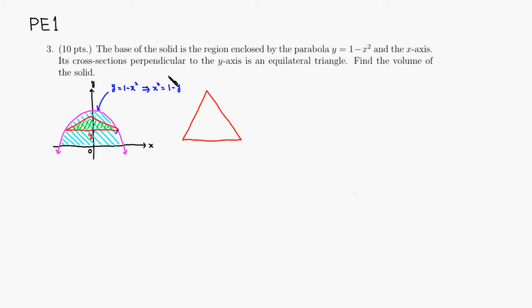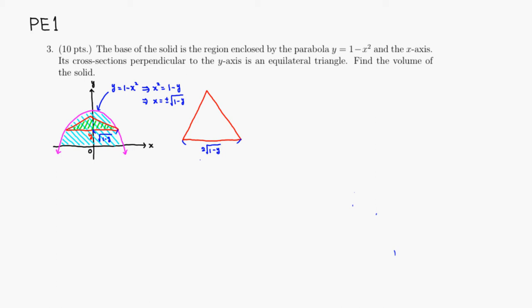Then we take the square root, so x is equal to plus or minus square root of 1 minus y. You can see that the length here is square root of 1 minus y, and there are 2 of them, so double that. This length right here is 2 square root of 1 minus y.